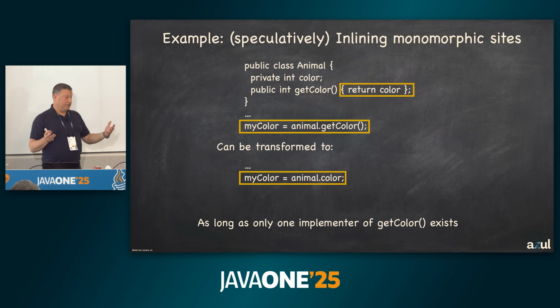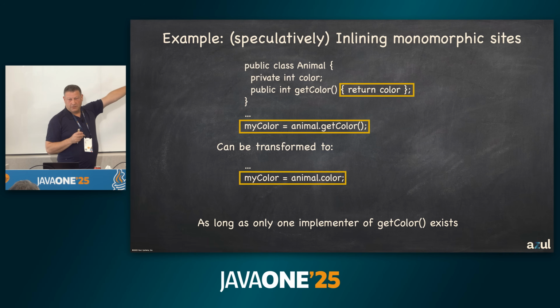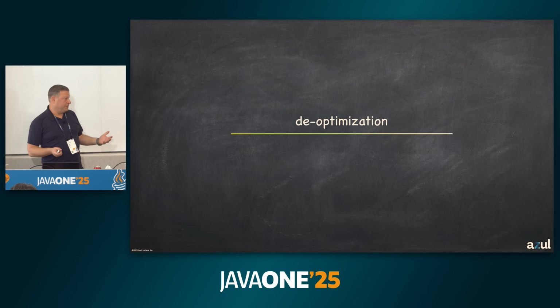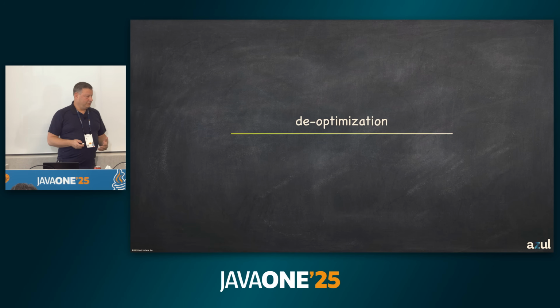But if somebody loads a chameleon, and the chameleon redefines getColor to compute the color based on the tree it's sitting on, you have to throw this code away because it's no longer valid before a chameleon exists. So we can speculate to get the speed, and we have to be able to despeculate or de-optimize to recover from being wrong, right?